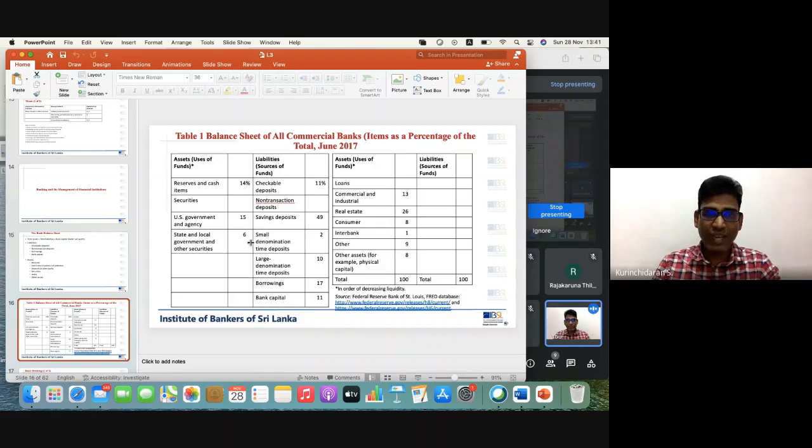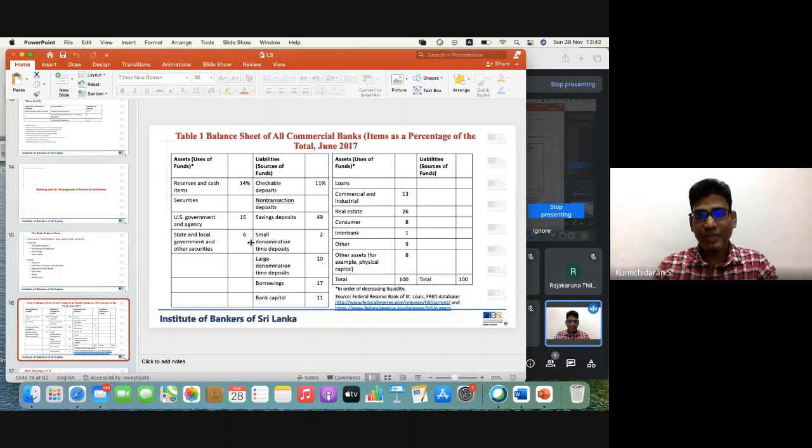And also, if you see the liabilities, first one is checkable deposits, 11%, and then other non-transaction deposits. You could see savings deposits, small denomination time deposits, and large denomination time deposits. If you take all together, these are very high, 50% of total liabilities as well, right? And then borrowing 17%, bank capital 11%.